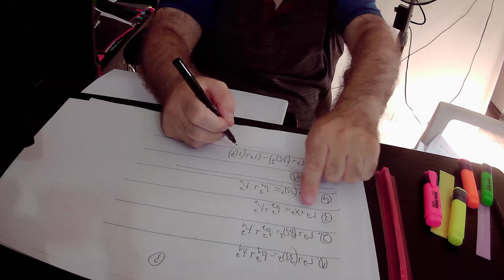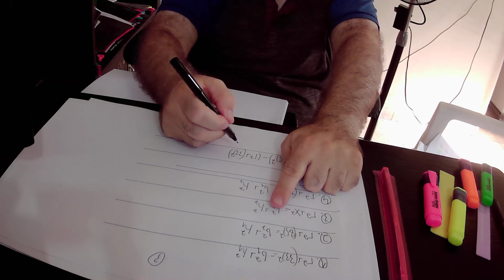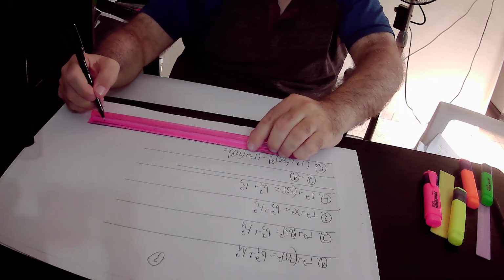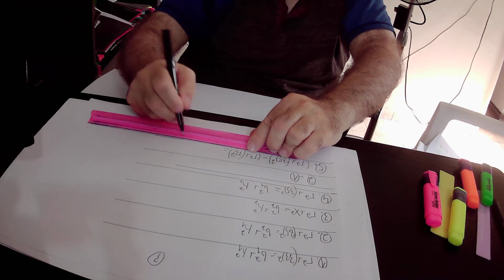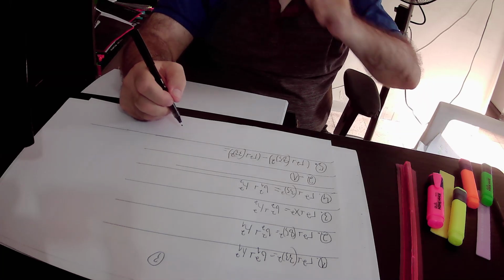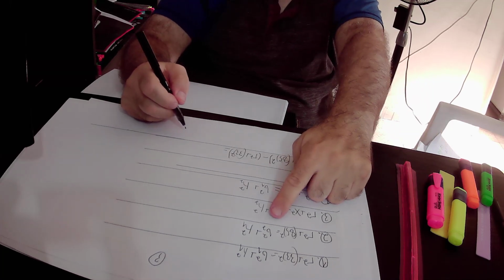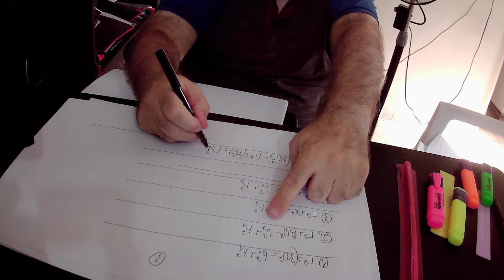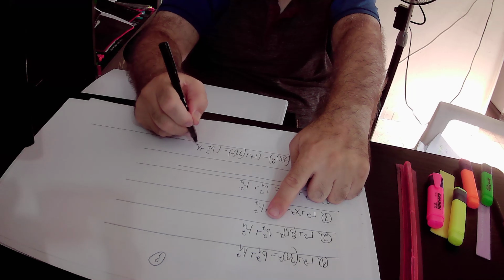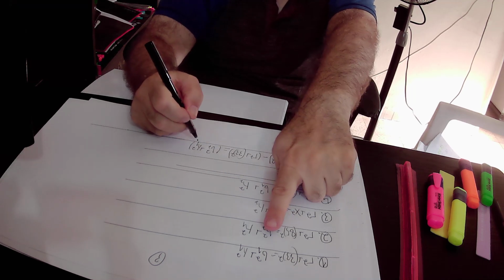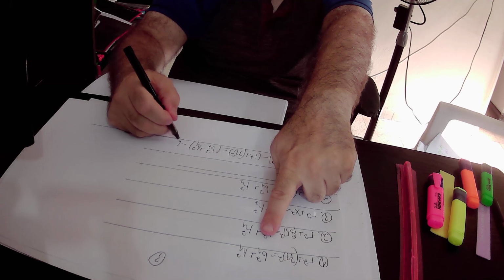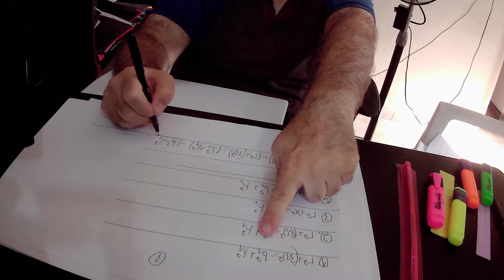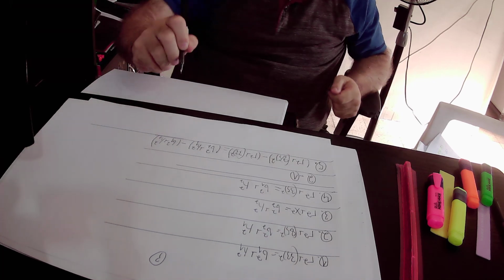Now we move to the other side of equation number 2, that is equal to B2 squared plus H1 squared, minus equation number 1, minus B1 squared plus H1 squared.